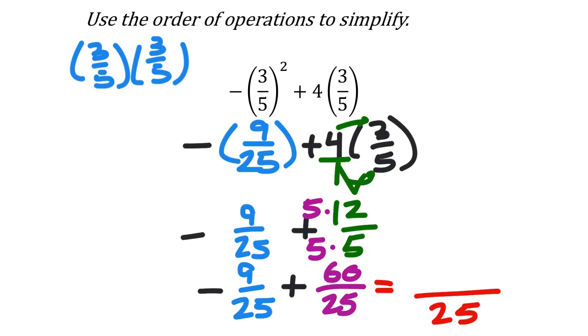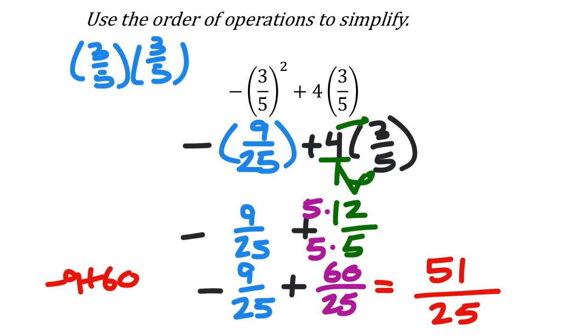So in 25ths, I can take negative 9 plus 60, which is just going to give me 51. Now, this one does not say if it wanted the answer to be a mixed number or an improper fraction. So you could leave it like this if you wanted to.